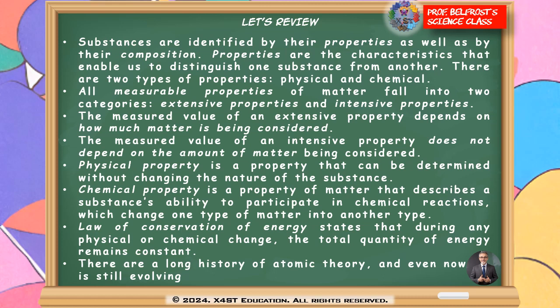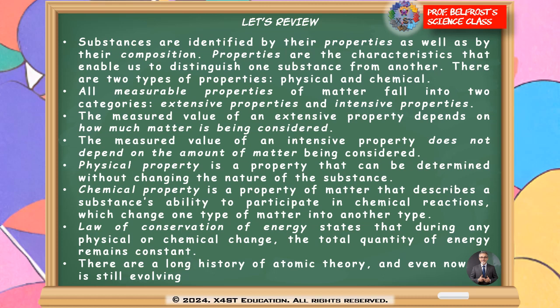There are two types of properties, which are physical and chemical properties. All measurable properties of matter fall into two categories: extensive properties and intensive properties. The measured value of an extensive property depends on how much matter is being considered, while the measured value of an intensive property doesn't depend on the amount of matter being considered.